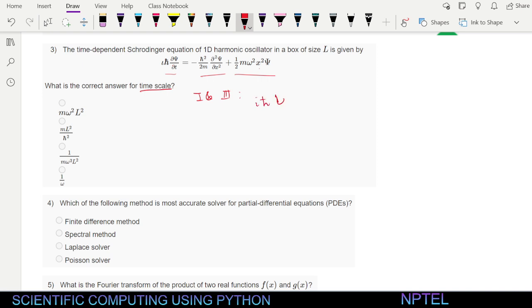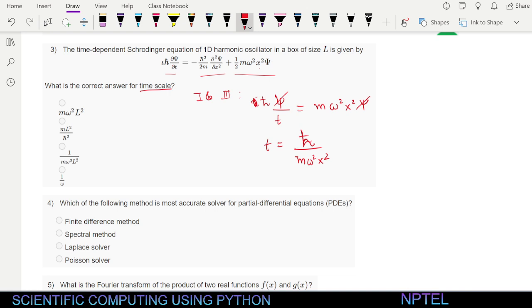d by dt will be psi over t. There is an i, which has no units, and then m times omega square x square times psi. So psi gets cancelled, and we get t is equal to h by m omega square x square.